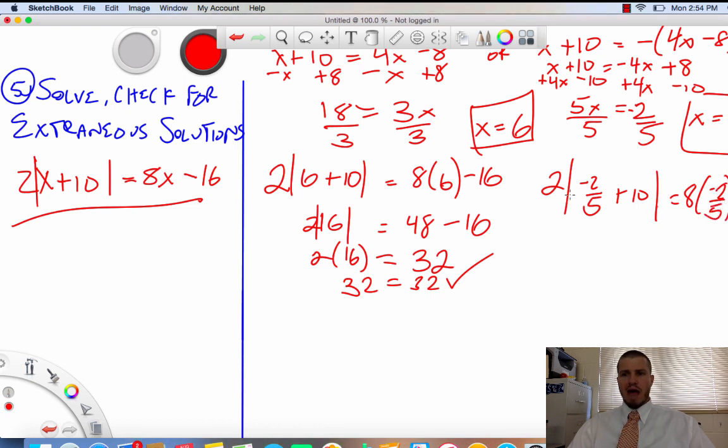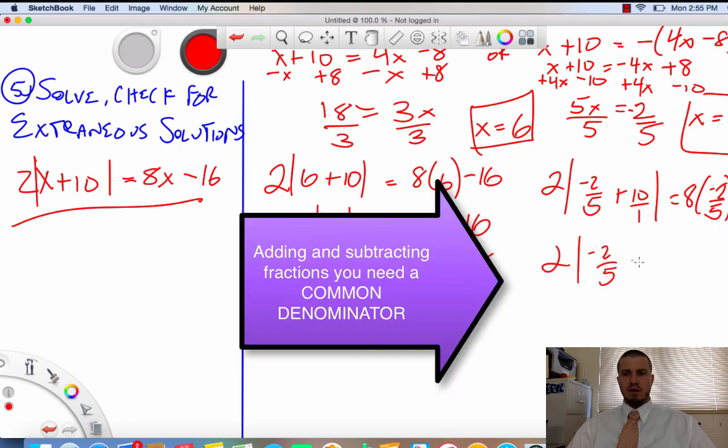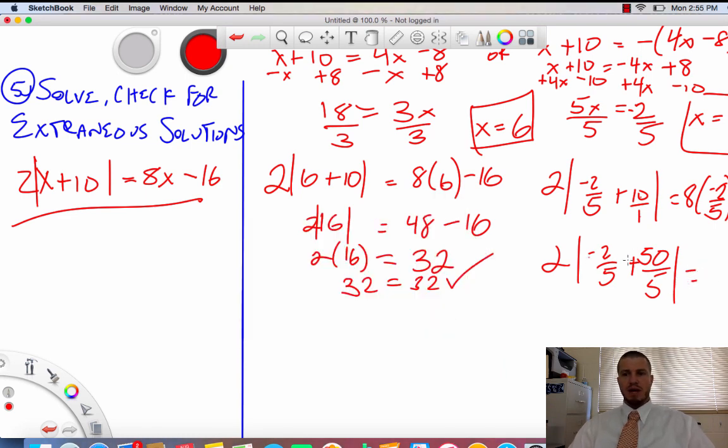Remember, when you're adding and subtracting with fractions, your denominators have to be the same. So I have to make this 10 over 1, and that's going to be negative 2/5 plus, and change that denominator to 5. So multiply both top and bottom by 5. 50 over 5. It's still 10, but you're writing it so I can combine these two.